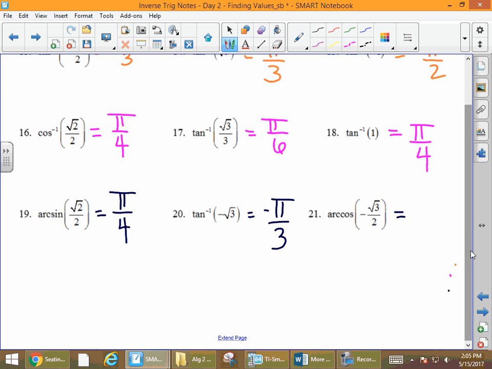And lastly, here in this section, the inverse cosine of negative radical 3 over 2. So we're going to be in the second quadrant. And when we look over there in the second quadrant, we're at 5 pi over 6.